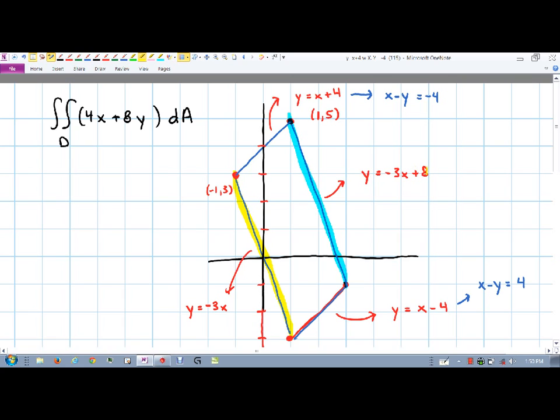Now, on these two, let's get our x's and y's to one side. What would we get? How about 3x plus y is 8, and what's the other one? 3x plus y is 0. Yes? Okay.